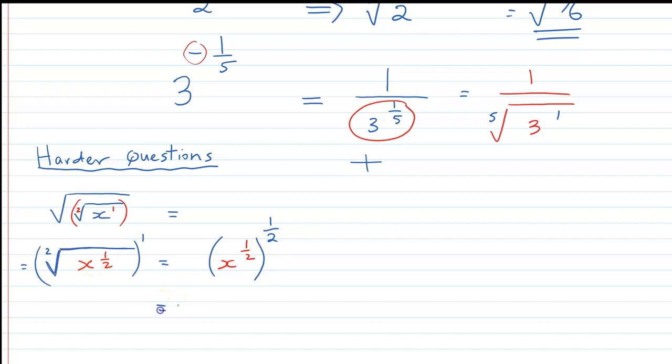And then from this point on, you use the power of a power law, 1/2 times 1/2, that's 1/4, you multiply them, and that will end up being your final answer. Now, if you want to change that back to the radical, that's easy. 4 becomes the root, x is the radicand, and 1 is on top. And that would be the equivalent expression of x to the power of 1/4.